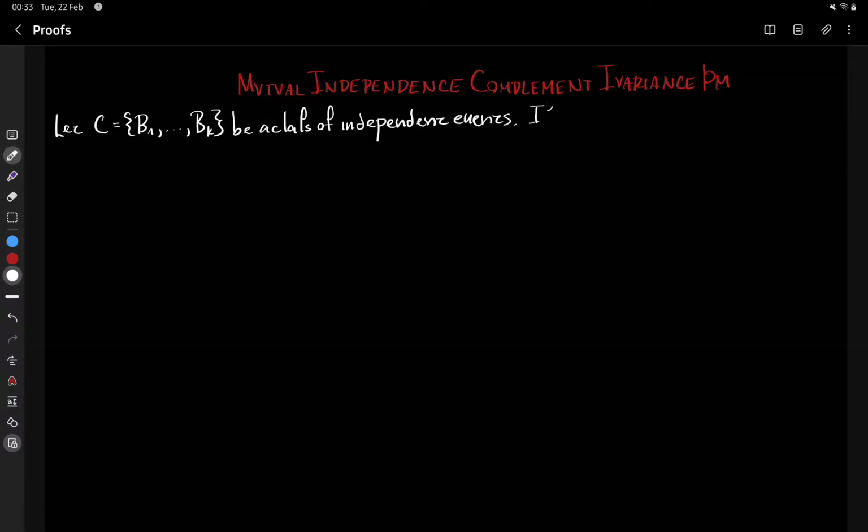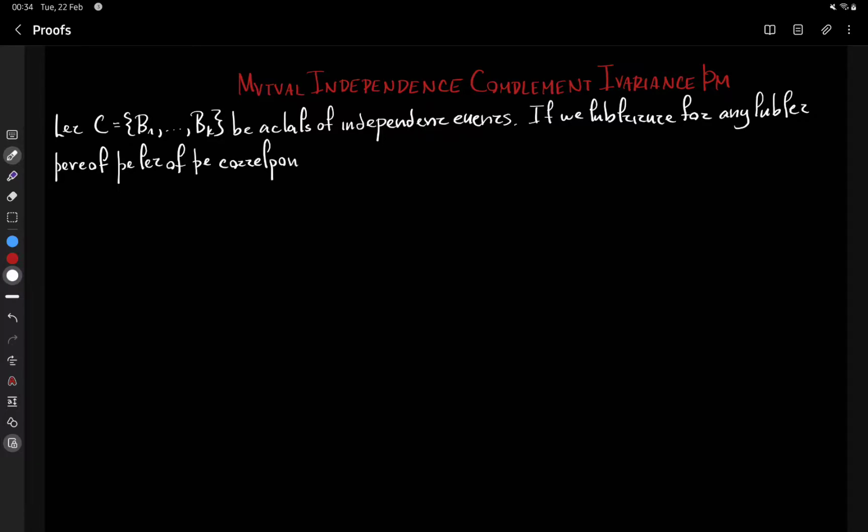If we substitute, for any subset thereof, the set of the corresponding complements, we shall get a class of independent events.